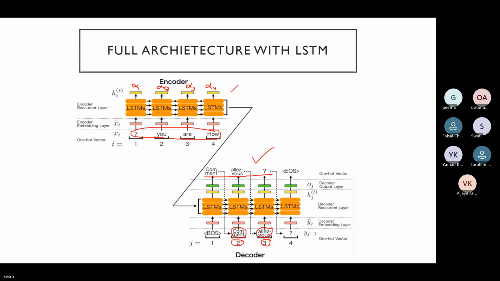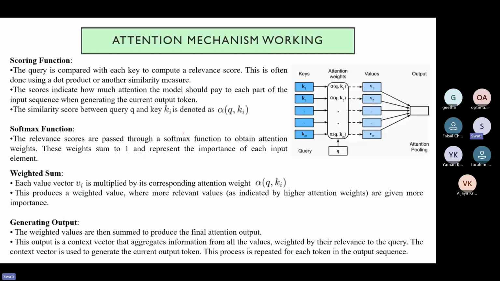The scores will be calculated between the query and these input elements, and you will compute a relevance score. This score will indicate how much the model should pay attention to each part of the input sequence whenever generating some output.